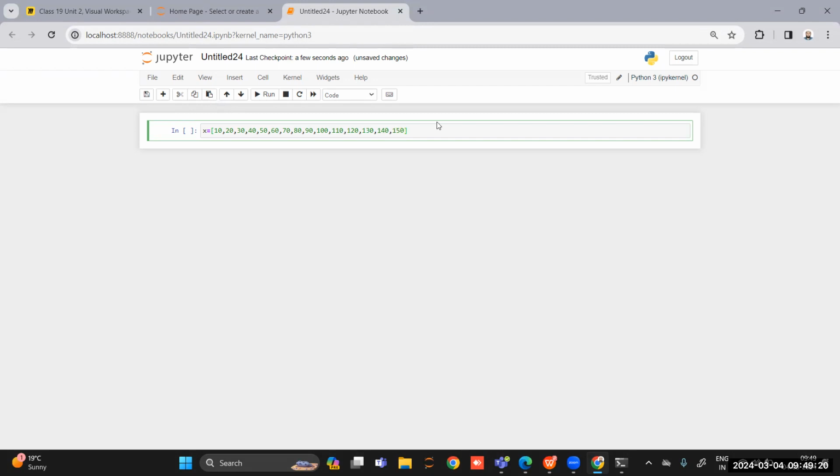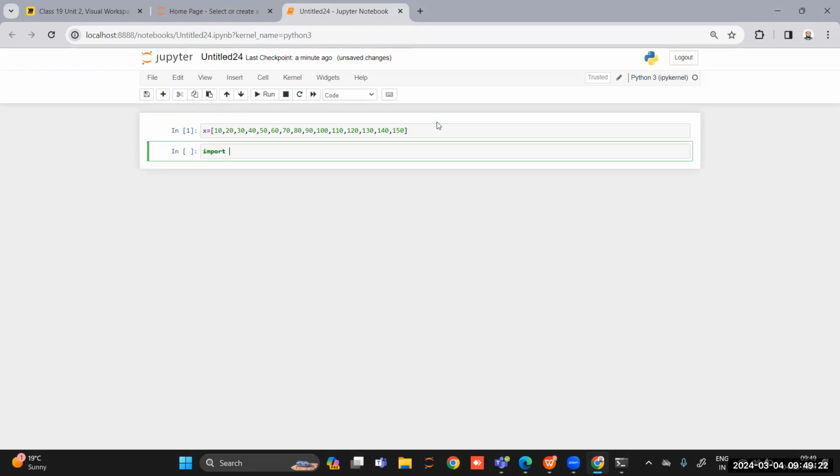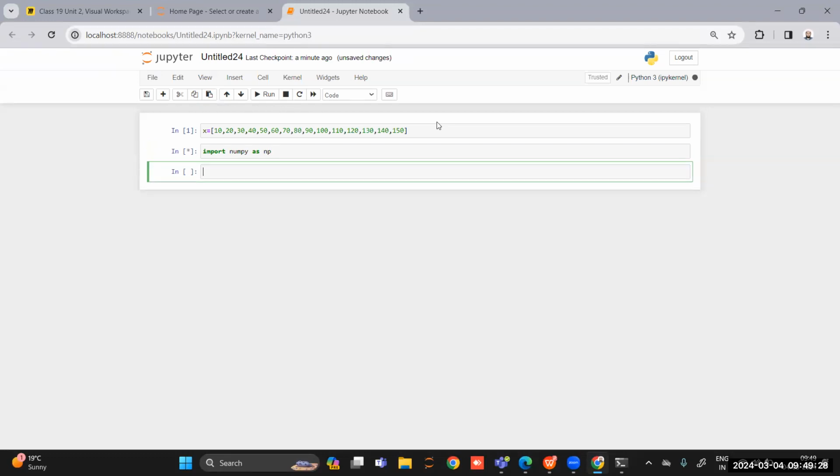Okay, so I'll load it. Import numpy as np. So I'll get np.mean, x.mean.